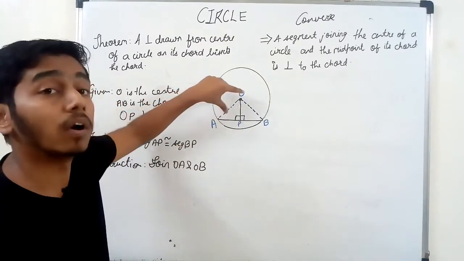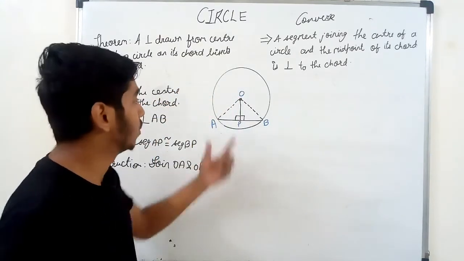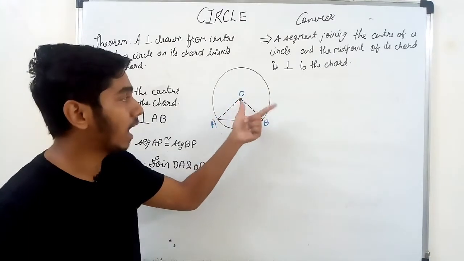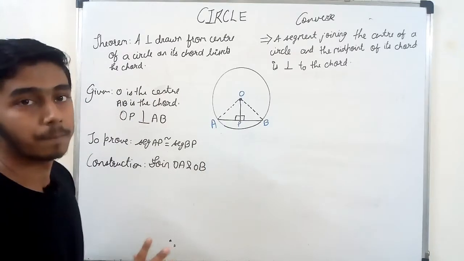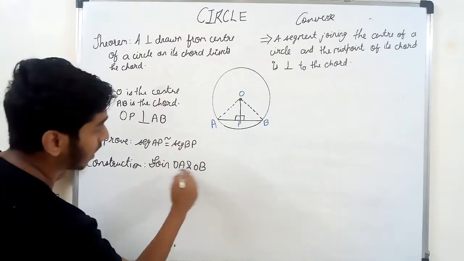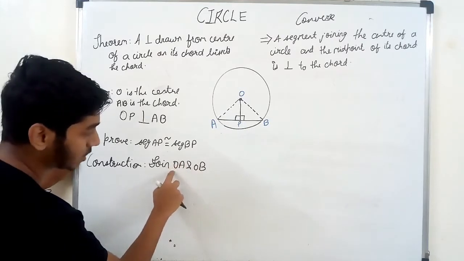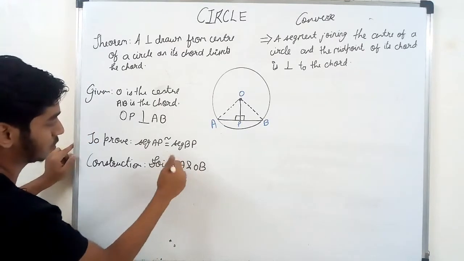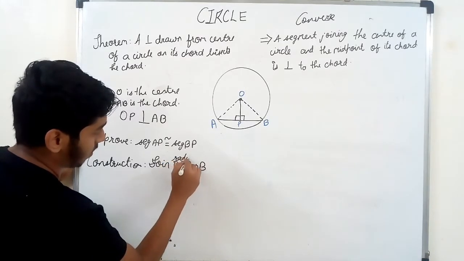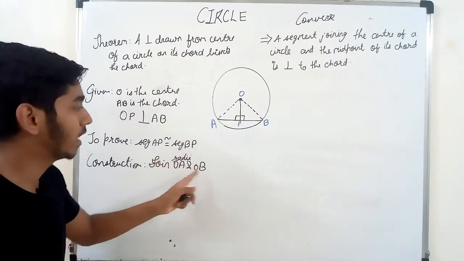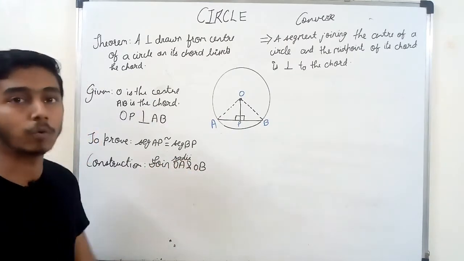We did that in the previous video. So OA and OB are the radii of this circle. So you can say join radii OA and OB.